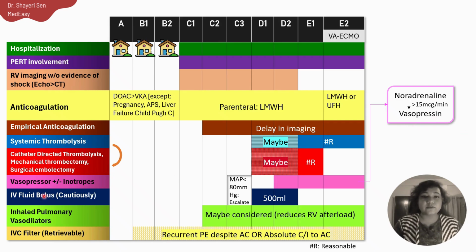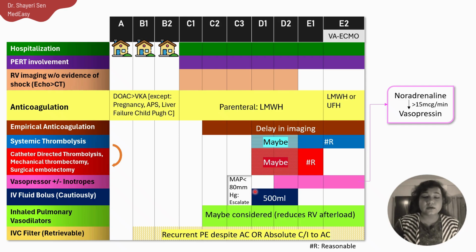Now, what about IV fluid boluses? Now, our pulmonary embolism patient has a right ventricular dysfunction, right? So, we are going to give IV fluid bolus very cautiously, only about 500 ml in D1 and D2, right? And we are not going to give more than that, and we are going to monitor the patient very closely for any cardiac failure.